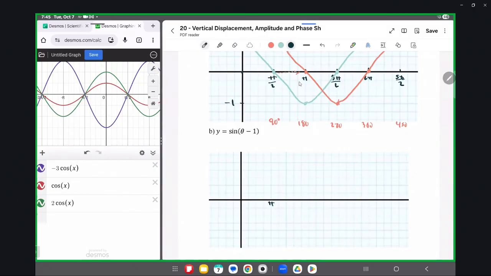We'll call this one pi over 2. This is pi. This is 3 pi over 2. 1, 2, 3, 4. And this is 2 pi. So this is not going to be a good scale for me. Here we have a phase shift of 1 unit to the right. But where is 1 on this graph?